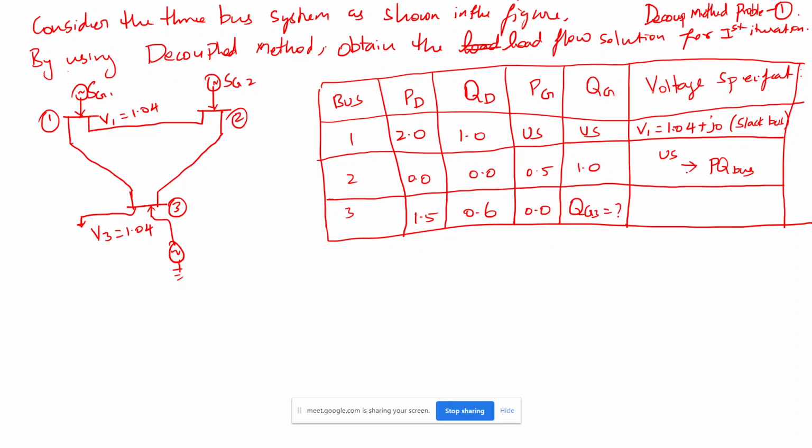Have you seen this question somewhere? V3 is equal to 1.04 and the type of bus is PV. So we know this is slack bus, this is PQ bus, and this is PV bus.